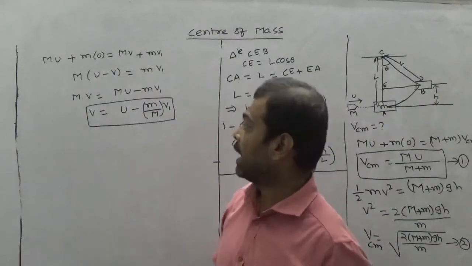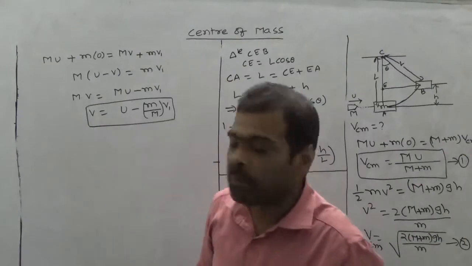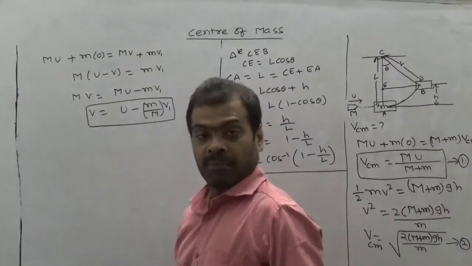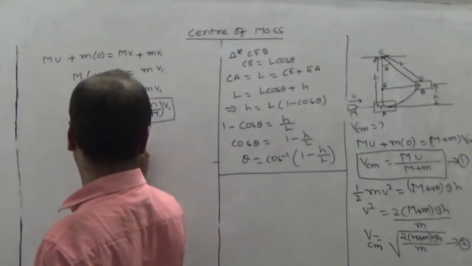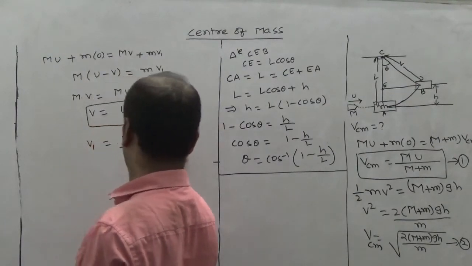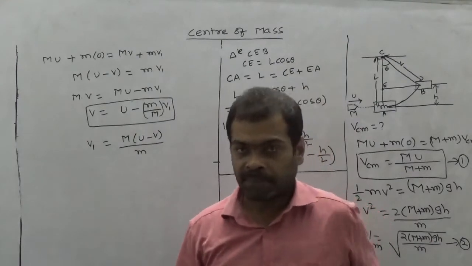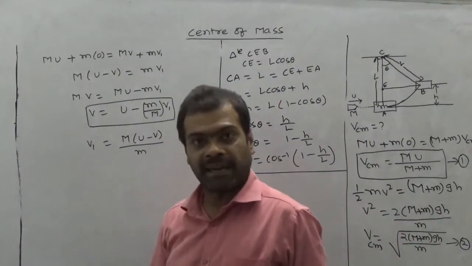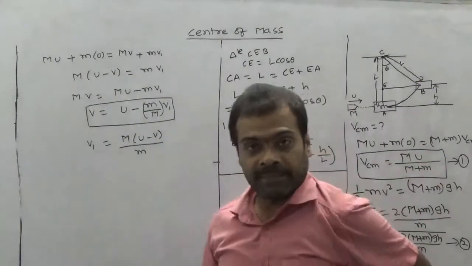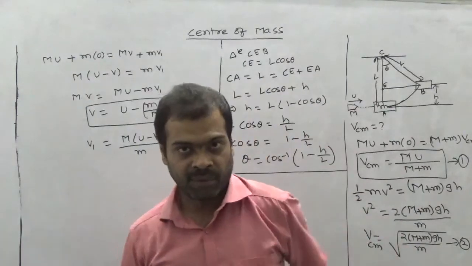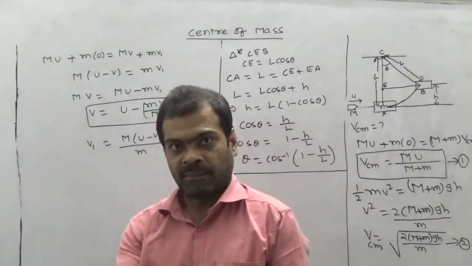Suppose they ask to find the final velocity of the block when the bullet emerges from the block, I can write v1 is equal to capital M into (u minus v) by small m. Like this we can find the final velocities of the bullet and the block by using the velocity of center of mass.